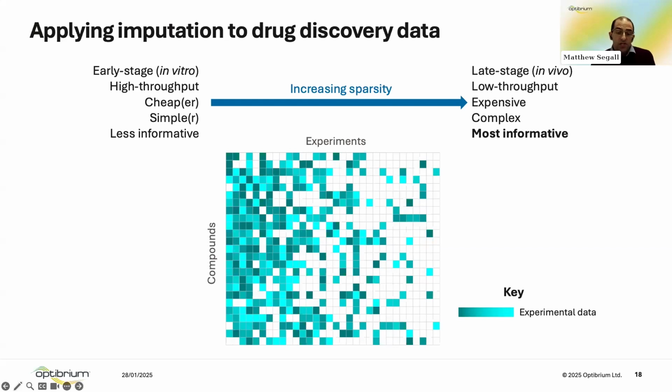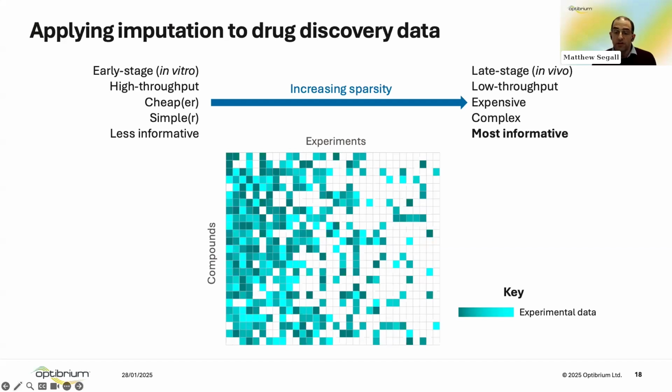But the information is less informative to find a high quality candidate compound for our project. It's further away from that ultimate therapeutic indication. On the right-hand side are those late-stage, potentially even in vivo experiments. These, of course, are much lower throughput, much more expensive to run, and represent much more complex properties.